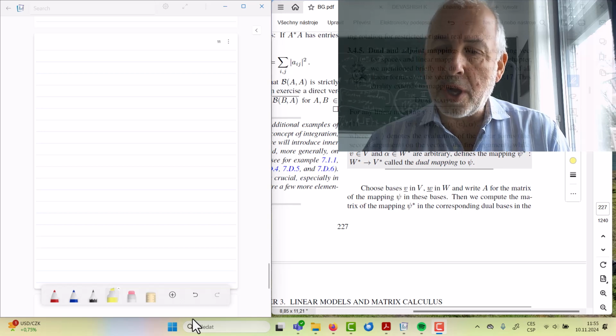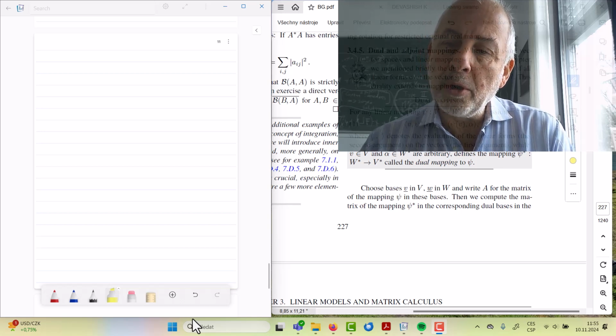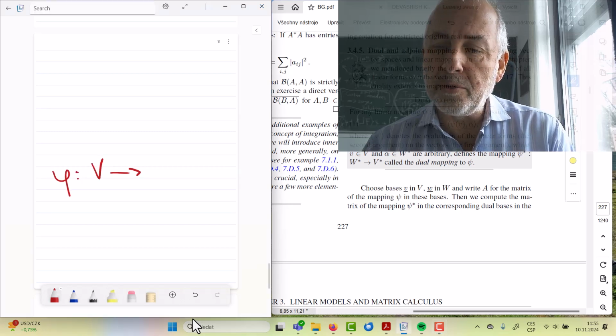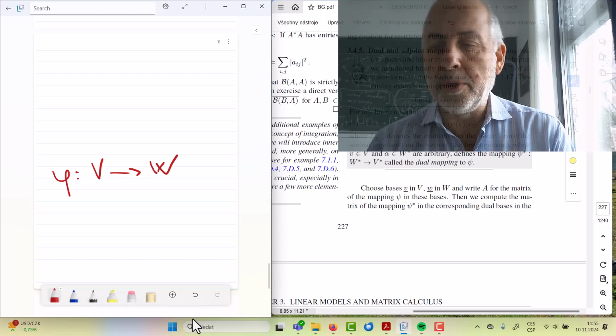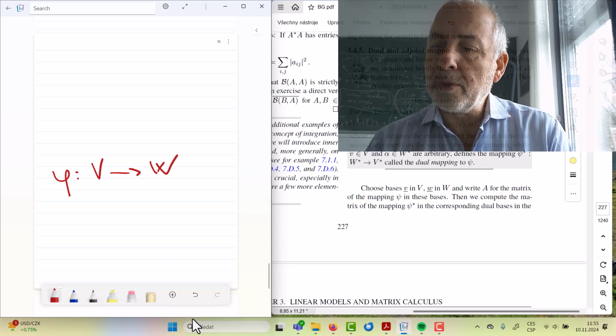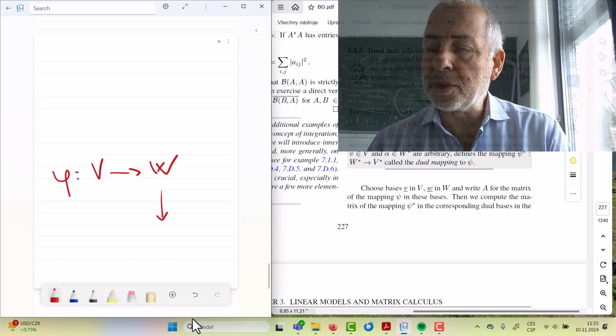So just to come to the point, if you have a linear mapping phi from V to W, you remember that we were thinking about linear forms, say alpha, to scalars.